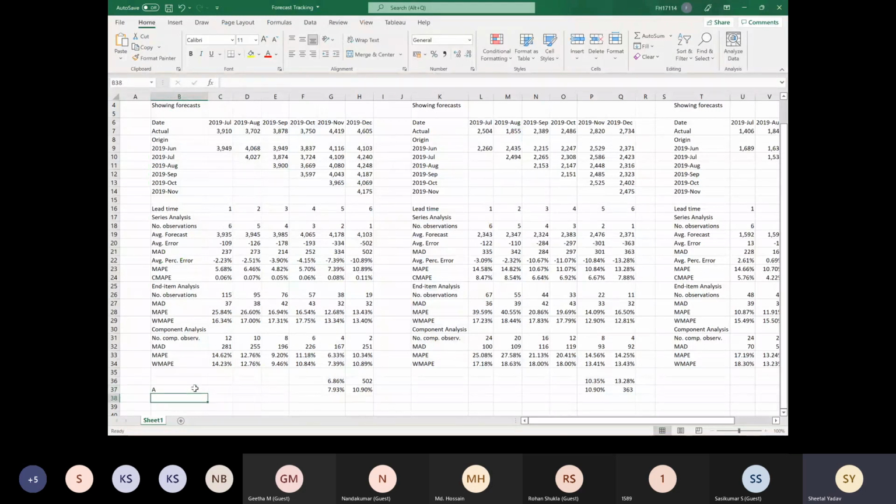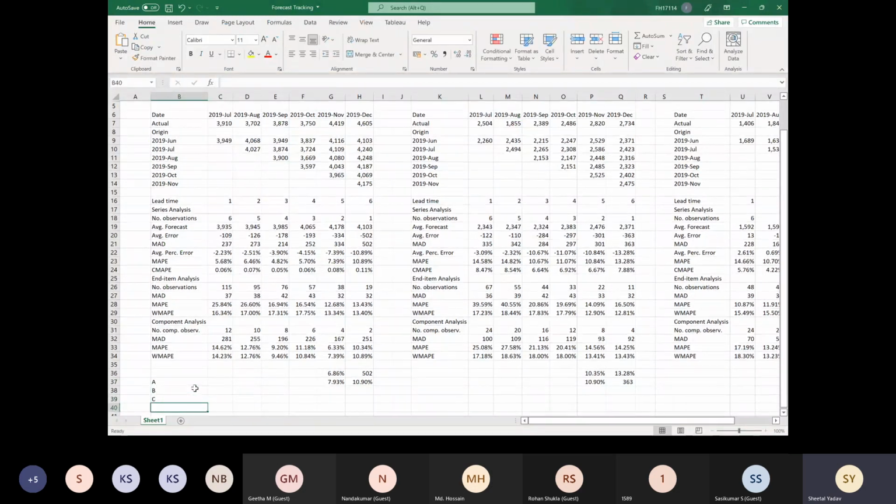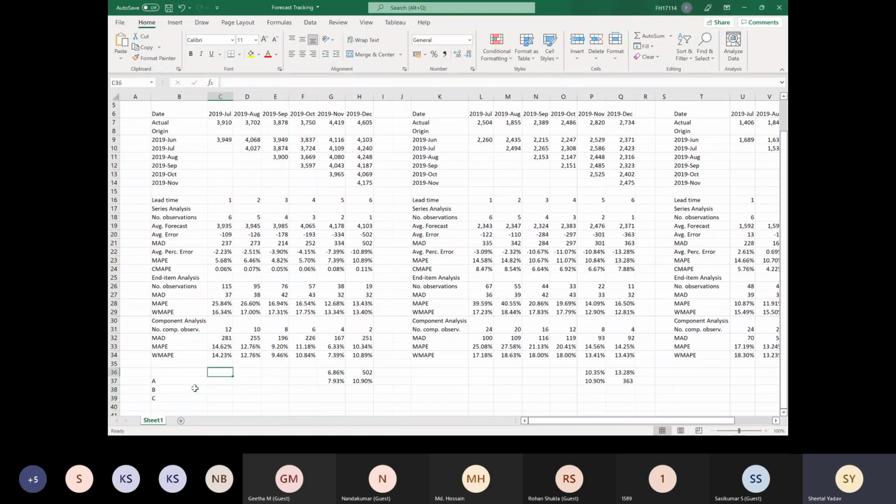See, I have A item, I have B item, and I have C item. I have actuals, I have forecast. Say, I'm just going to take random values. 175, that's my actual. My forecast is 125.